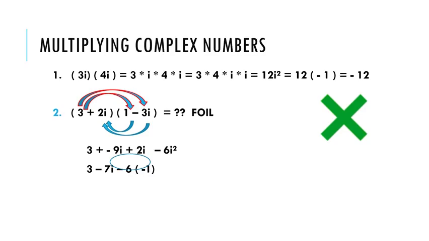Now we're going to combine like terms. We'll be combining these two terms here. 3 plus 6 is what? 9, and then you've got this minus 7i. This would be your final answer.